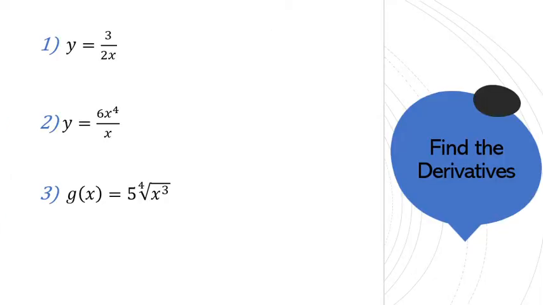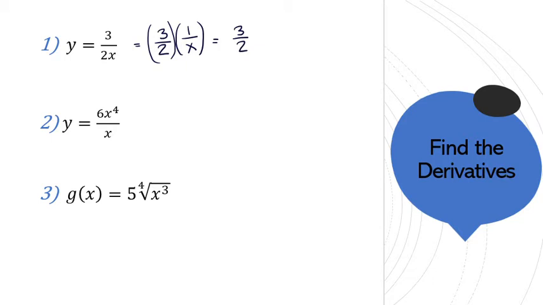So let's do a couple. I'll do them the long way. So first, 3 over 2 is a number. And then we have x. Well, let's do it in lots of steps. So there's our constant, or our coefficient. There's our function. And in order to start differentiating, I want to put it in a way that is recognizable to me.